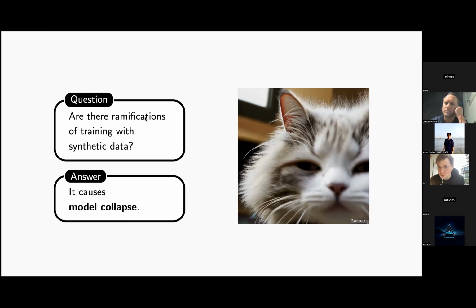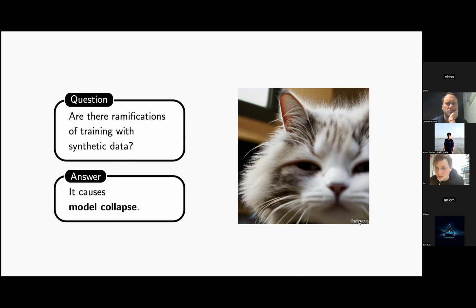So on the image to the right, for example, you see a picture of a cat. Again, synthetic. It looks like a cat. It's a totally good representation of what a cat is. Again, shown to a child, they will be able to tell what a cat looks like. But on the bottom, you'll notice there is a tag, a sort of watermark.